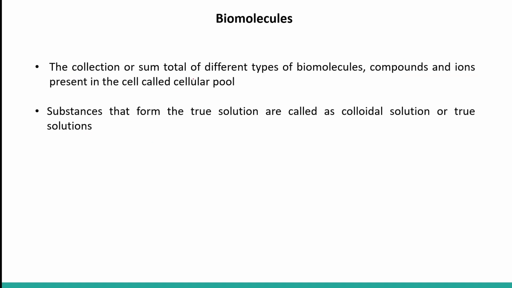The collection, or sum total, of the different types of biomolecules, compounds and ions present in a cell is called the cellular pool. This is the sum total of all the biomolecules present in an organism.